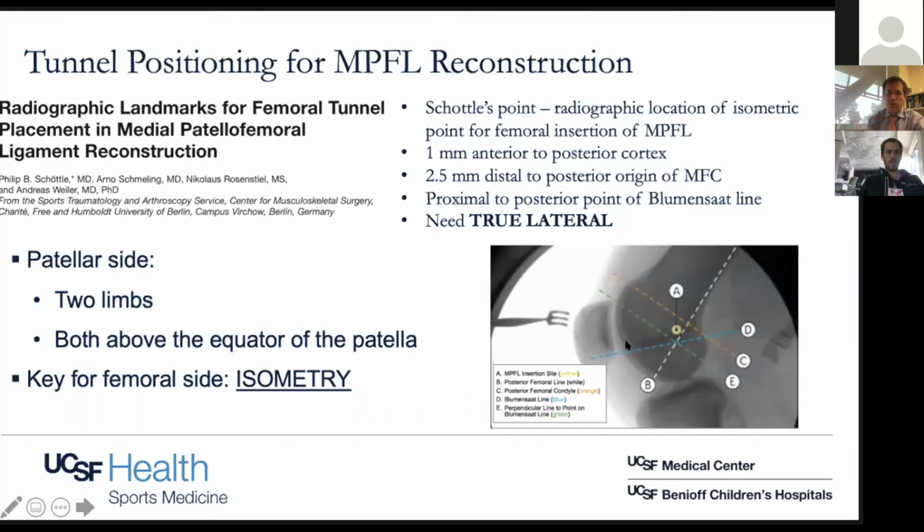So from 0 to 90 degrees, I want that length to be constant. And if it's tightening in flexion or extension, then I know that I'm not isometric and I need to adjust my pin. This point will usually put you close, but I think the key is really that isometric reconstruction from 0 to 90 degrees. Does that idea make sense?